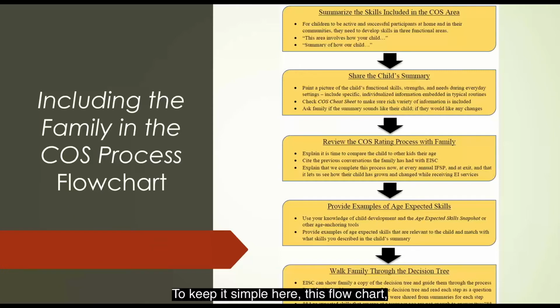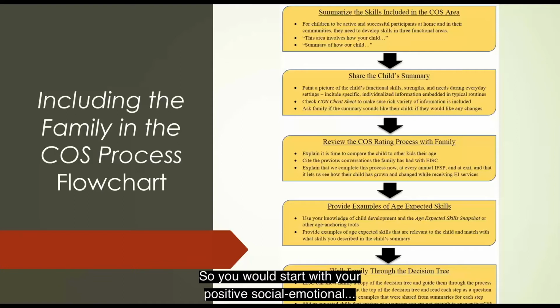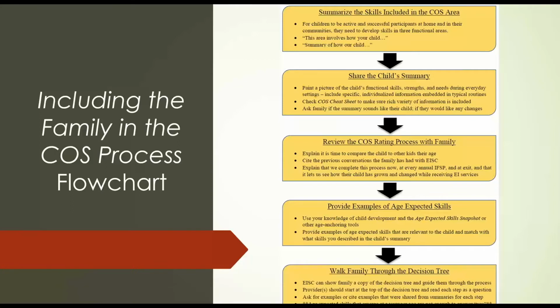PDF version. To keep it simple here, this flowchart, this is after you've written the summaries. You're ready to do IFSP development, and the first step is to summarize the skills included in the COS area. So you would start with your positive social emotional developing positive social emotional relationships, and you summarize the skills that would be included in that summary.